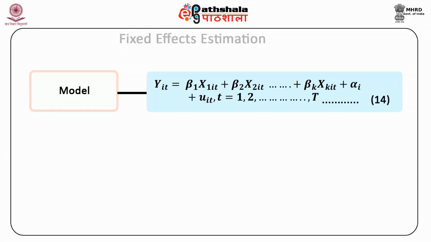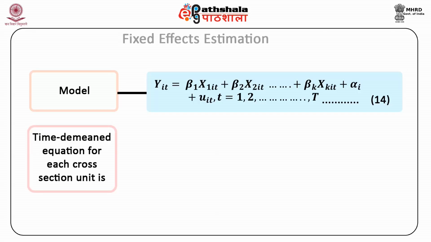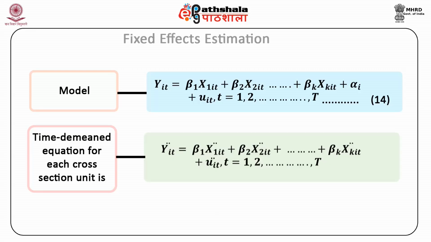Here we simply estimate the model by pooled OLS regression using time demeaned data on each explanatory variable. The time demeaned equation for each cross-section unit is y double dot it is equal to beta 1 x1 double dot it plus beta 2 x2 double dot it, and so on up to beta k xk double dot it plus u double dot it, where t takes the values from 1 to capital T. This is our equation 15.